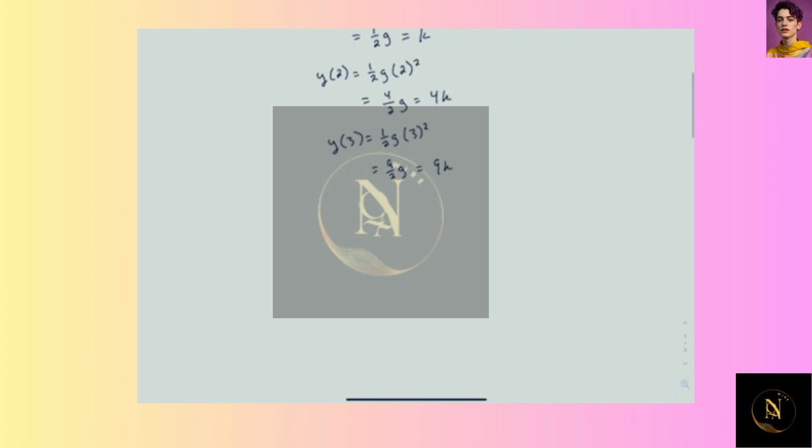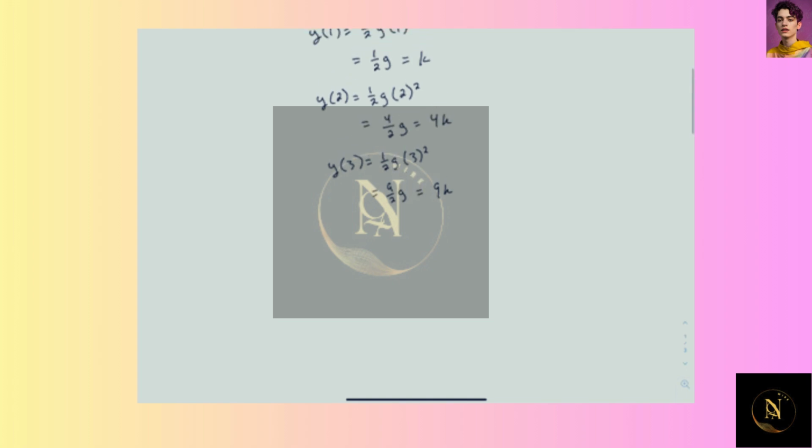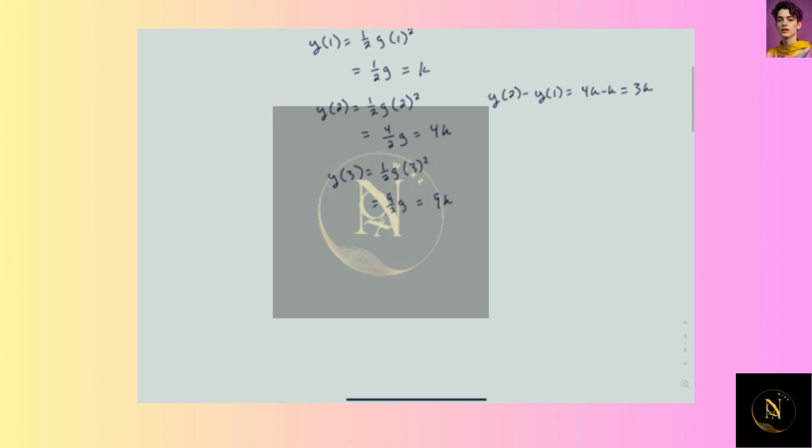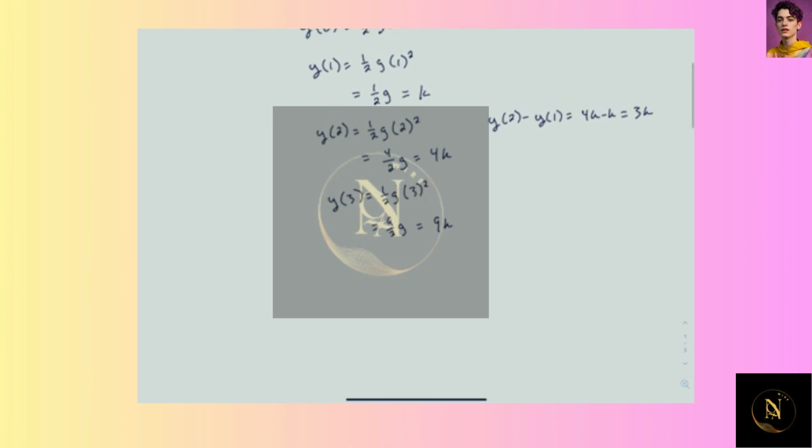Now, if we want to find the distance for every second, we can just subtract. So y of 2 minus y of 1 is 4k minus k is 3k. And I guess we can also say y of 1 minus y of 0 is k, because y of 0 is 0.